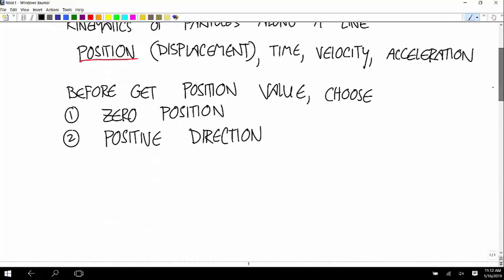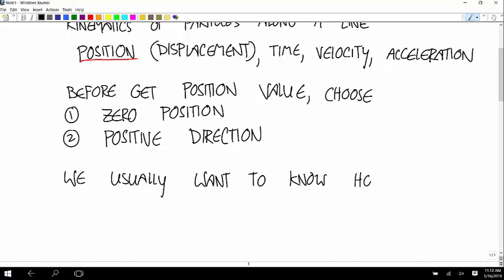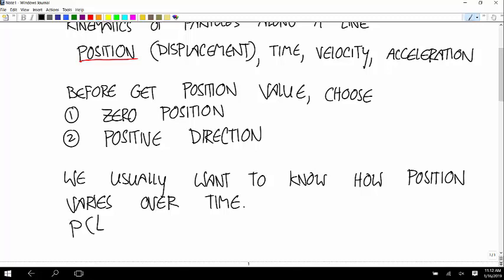And so we usually want to know how the position varies over time. In other words, what we want is position as a function of time. So we're looking for position as a function of time.